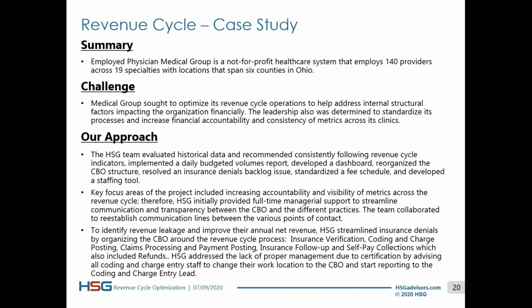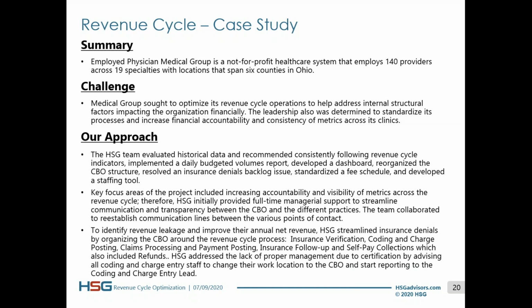And what that did, and I'm not going to lie to you, we also added 8 people to that because they were staffed in their CBO like they were still a 30 provider network and they had grown to 140. So the bottom line was we spent many hours with the CEO there trying to justify the ROI on adding 8 people to this mix.